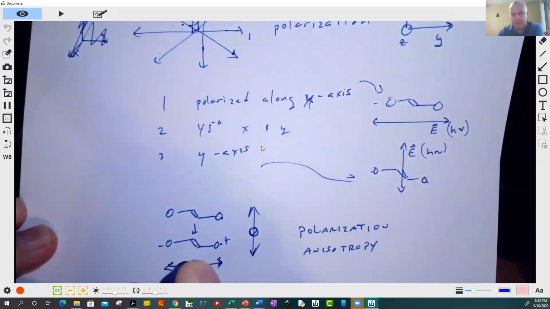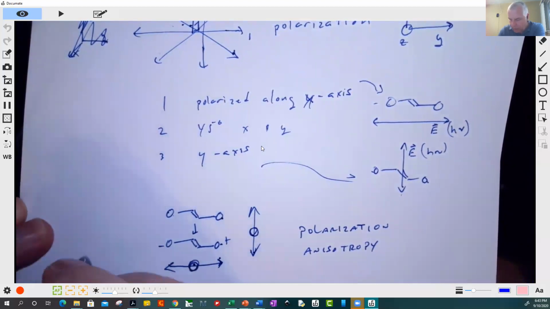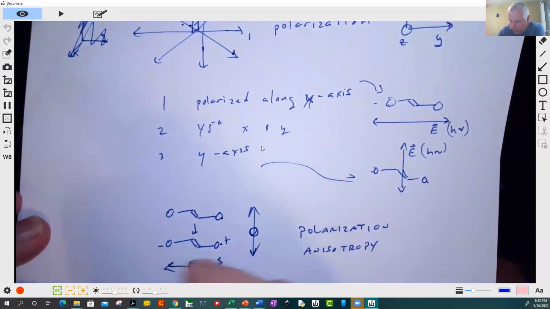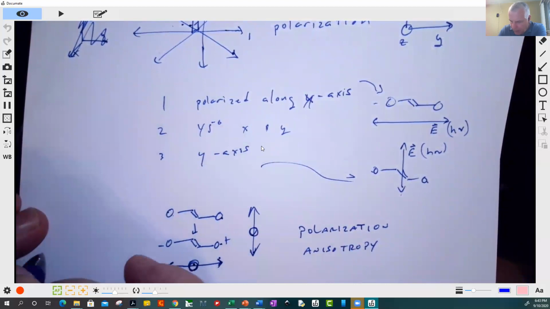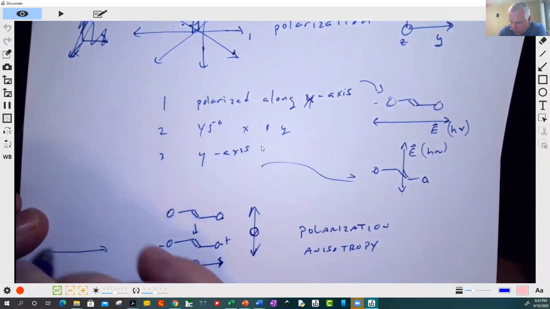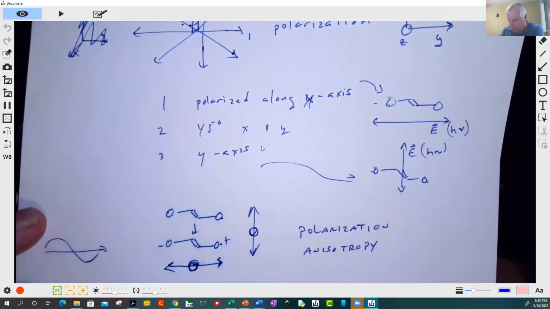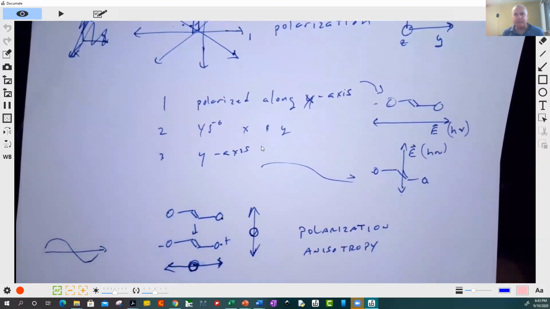Does that make sense? Good. So what if a photon, instead of going into the page with its E field oscillating in the page like this, what if it's coming along this way and the E field is oscillating up and down like that? Can this photon interact with this molecule to create this excited state?